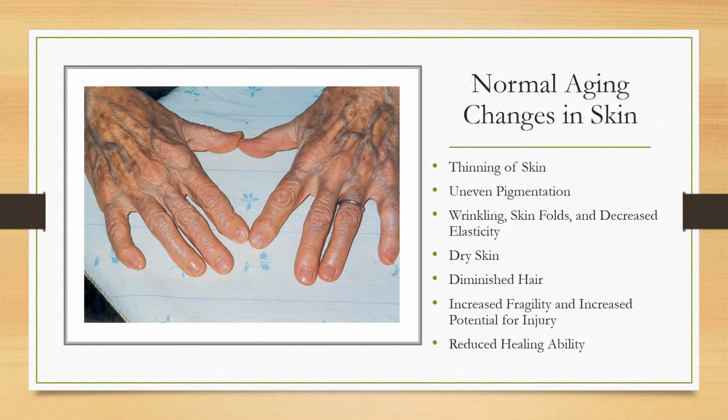And often there's bruising to their skin as well from minor injury. And because of all of these things happening, they have a much reduced ability to heal. Their immune system is not as robust as it used to be, and on top of that, there's less blood supply to the skin, and there's just overall less healing ability of the skin.